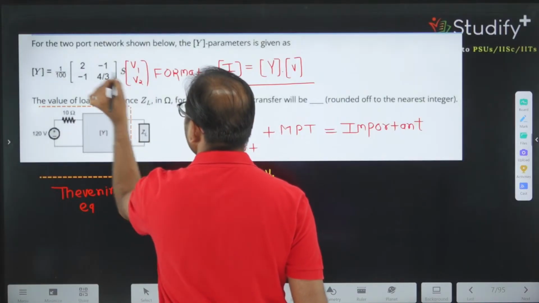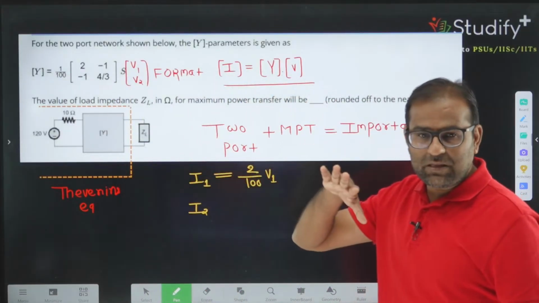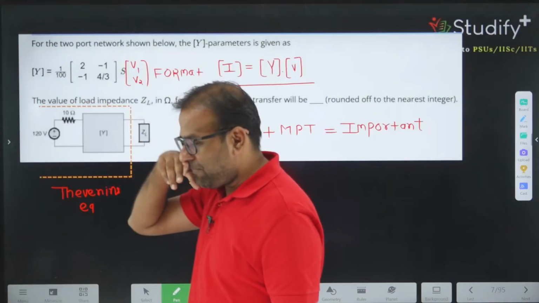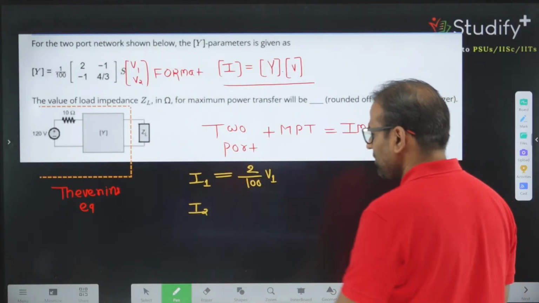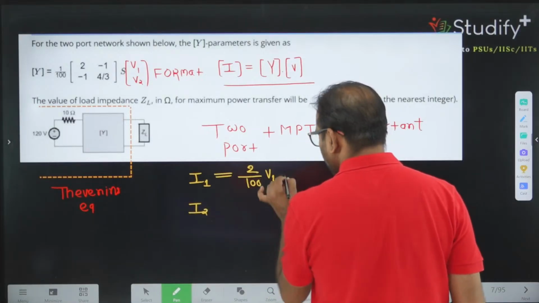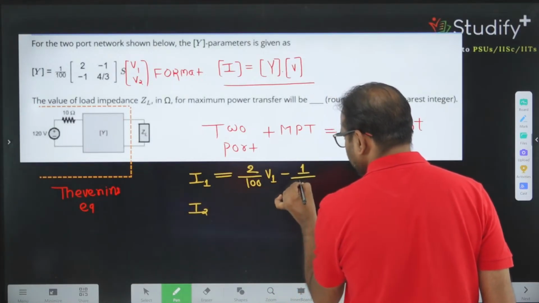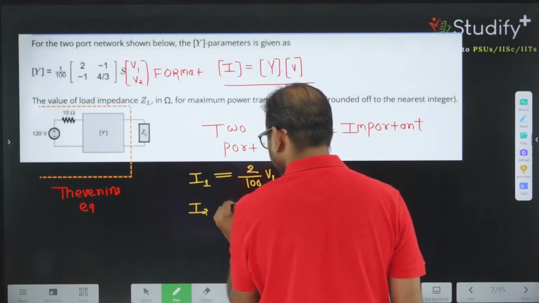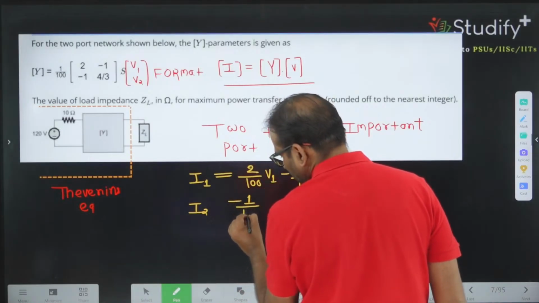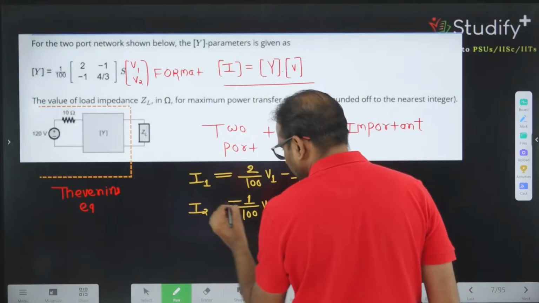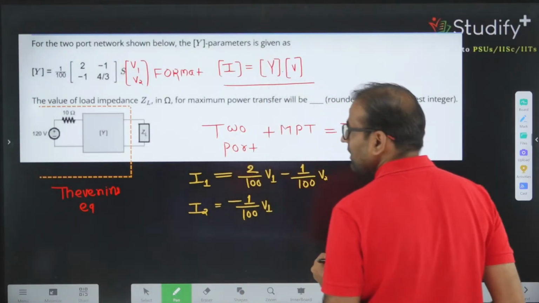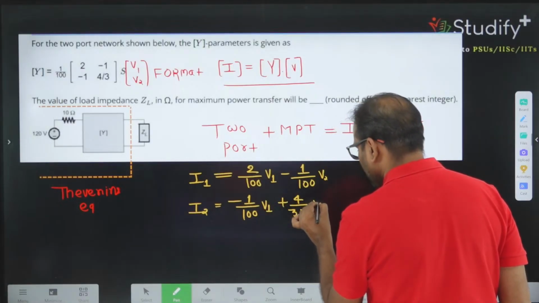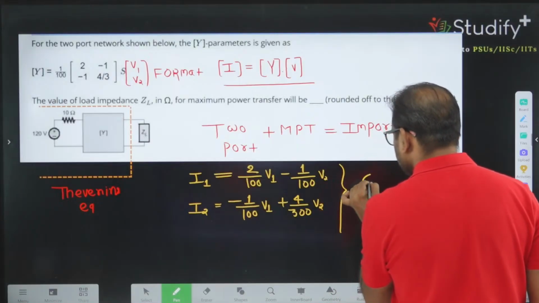It is 2 by 100, and always remember that when you multiply 1 by 100 to the matrix, it is multiplied to every parameter. So 2 by 100 times V1, then minus 1 by 100 times V2, then minus 1 by 100 times V1, and this value can be written as 4 by 300 times V2. This is the information which is given.